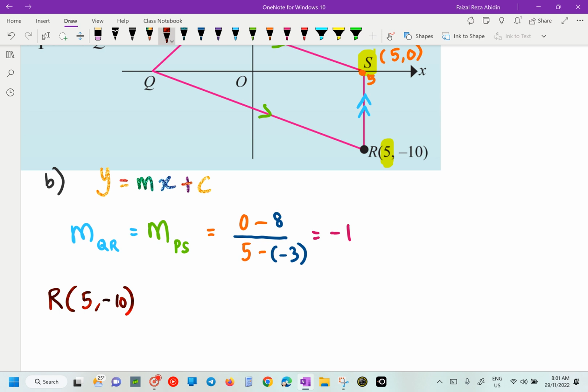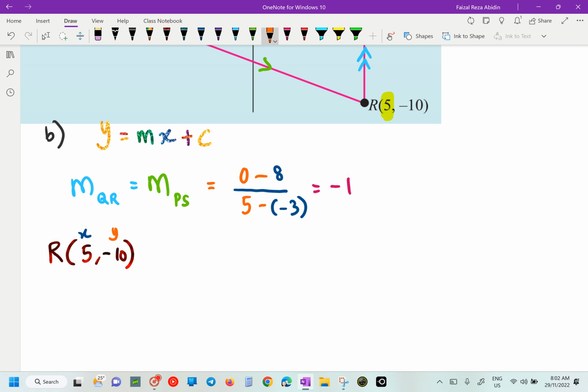We are going to substitute into our equation y equals mx plus c, finding our c. This is going to be x, and this is going to be y.